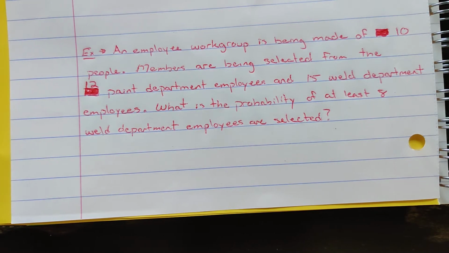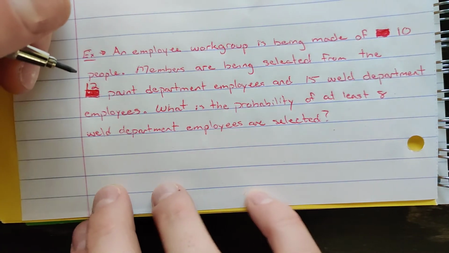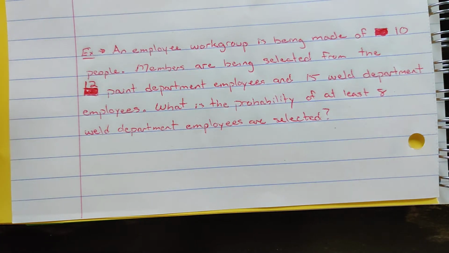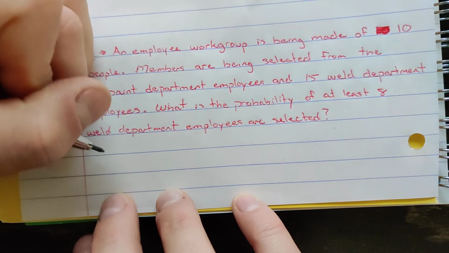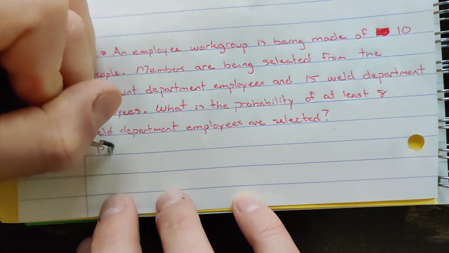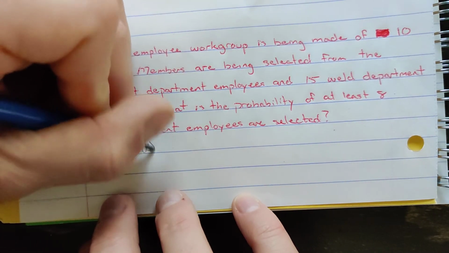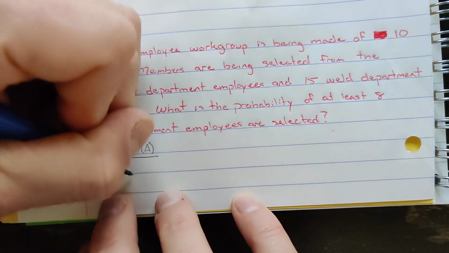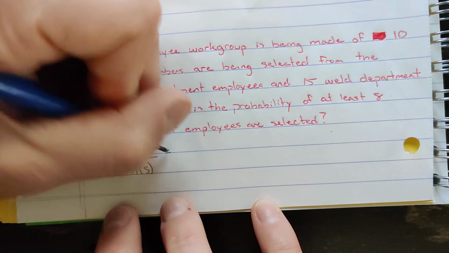So in this case, again, we have our same type of setup. We have the probability of event A equals the number of desired outcomes over the number of items in the sample space.